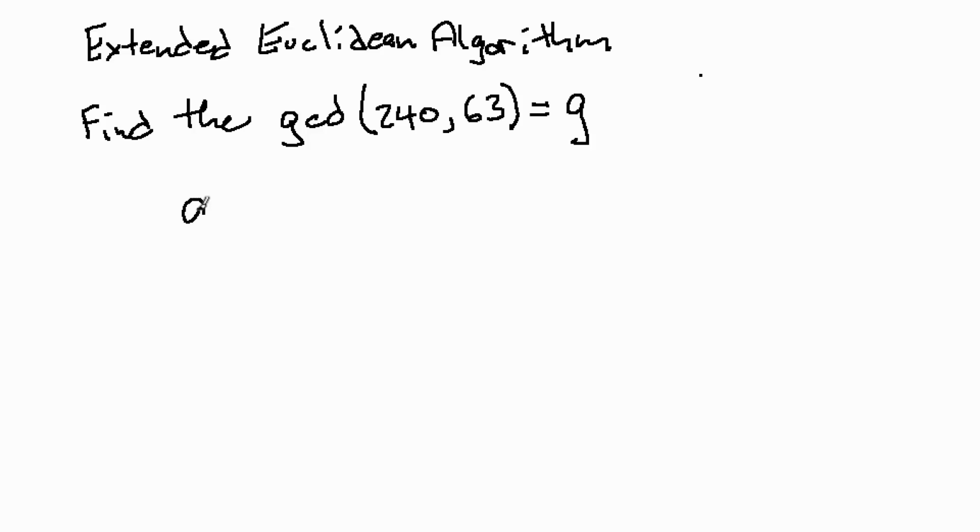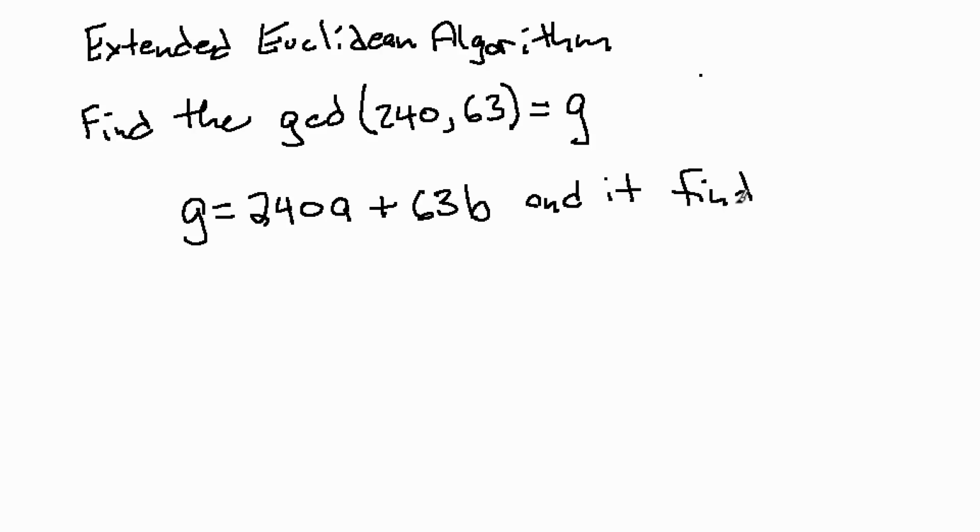It says that G is equal to 240 times A plus 63 times B, and it finds A and B. In other words, what the actual extended Euclidean algorithm is telling us is that the greatest common divisor is somehow a combination of 240 and 63.